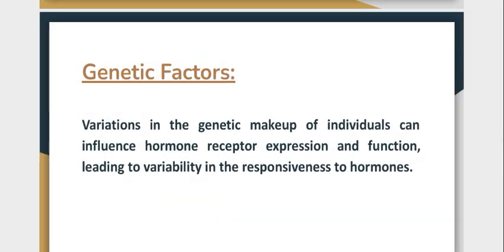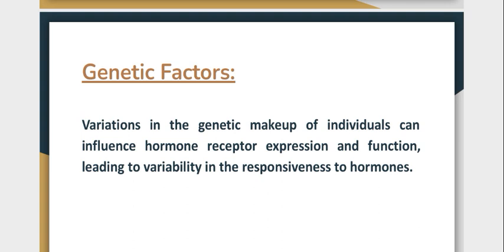And genetic factors: variations in the genetic makeup of individuals can influence hormones, receptor expression, and function, leading to variability in the responsiveness to hormones. So these important factors, like genetic factors, are always different in case of each insect. Like one insect is having a particular kind of genetic makeup, the next one is having a different kind of genetic makeup.